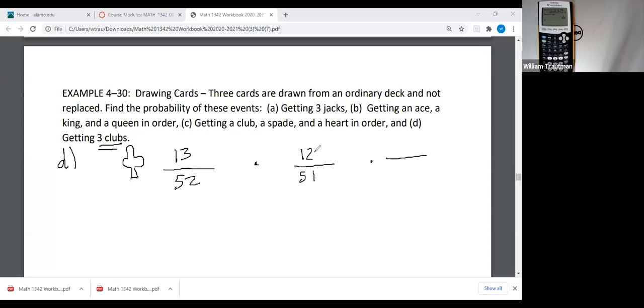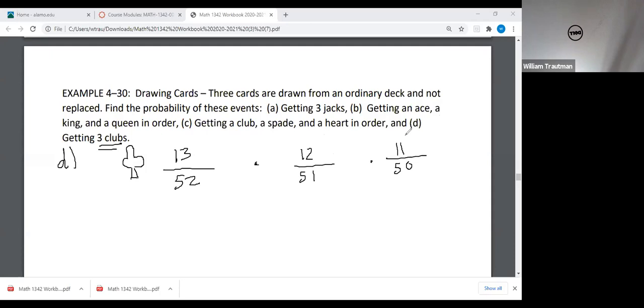So there's only 51 cards left in the deck. And there's only 12 clubs because I threw one of the clubs on the ground. So then I pick another club, and there's 50 cards left in the deck. If this was a club, there are 12 left. Now there's only 11 left. So multiply all 3 of these together. 13 divided by 52 times 12 divided by 51 times 11 divided by 50.